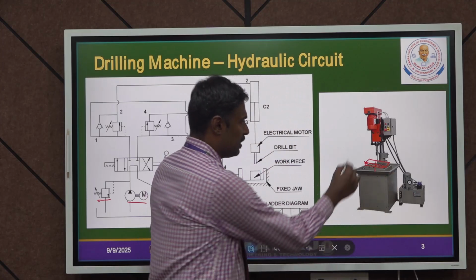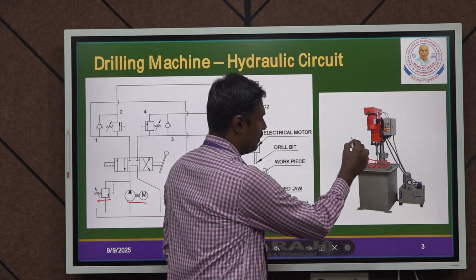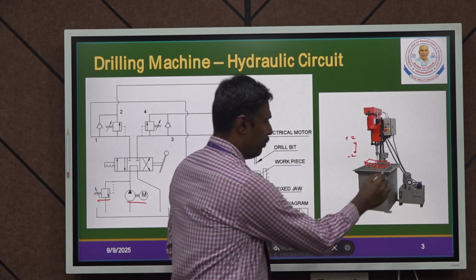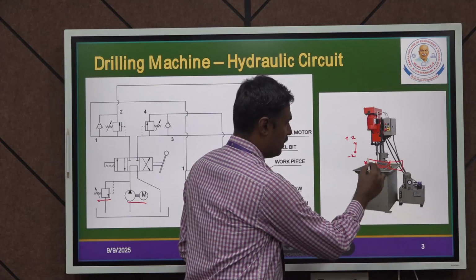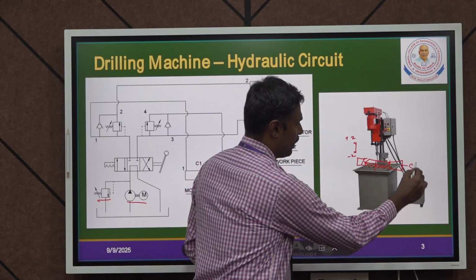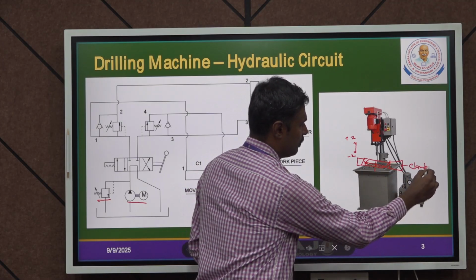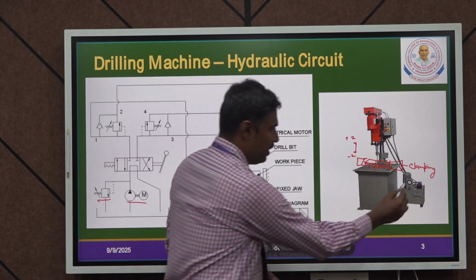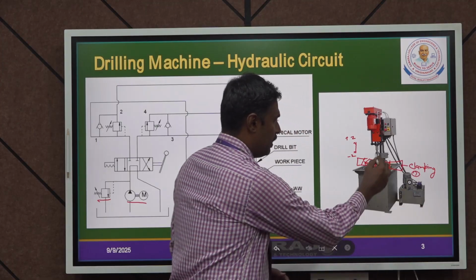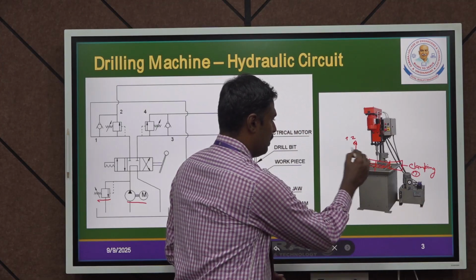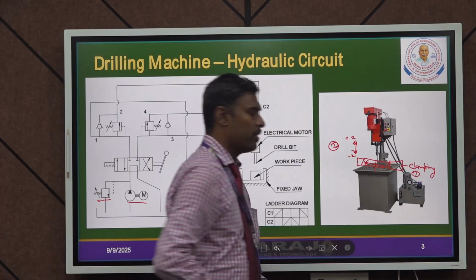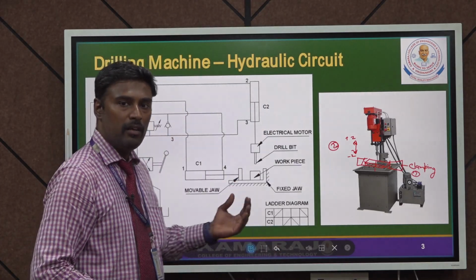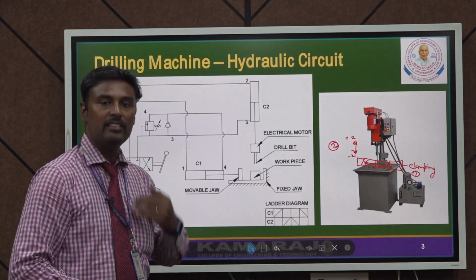The drilling is applied in this vertical direction, the minus Z direction, and before this we need a cylinder for clamping. So for clamping we need cylinder 1, and for actuating this head we need cylinder 2. Totally 2 cylinders are needed for automating this particular drilling machine in a sequential order.